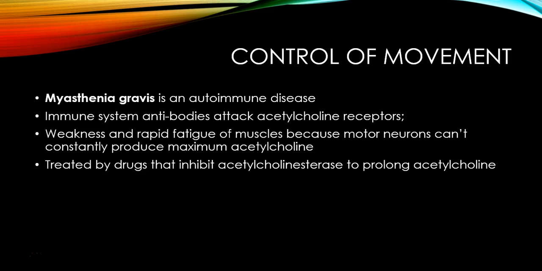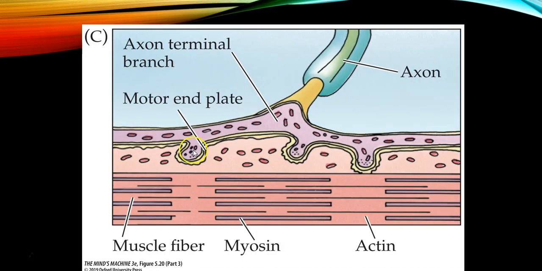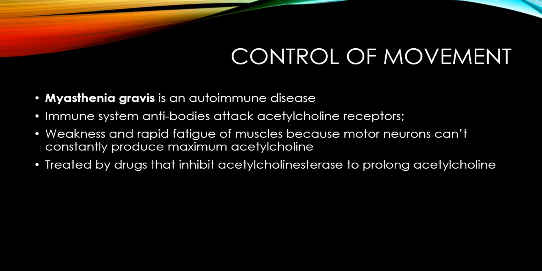Myasthenia gravis is an autoimmune disease where the immune system antibodies attack acetylcholine receptors. So remember, these motor neurons are releasing acetylcholine. There are acetylcholine receptors here on the muscle that would act once acetylcholine binds.